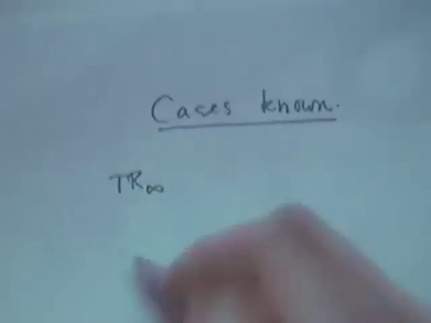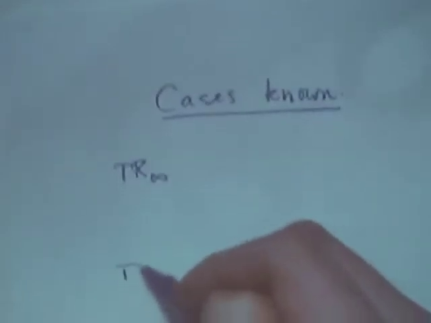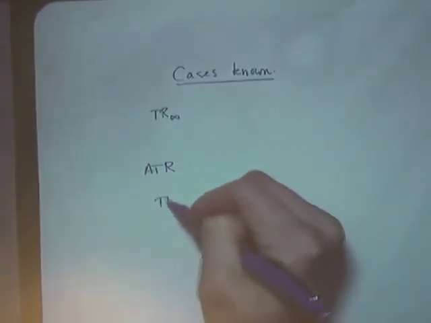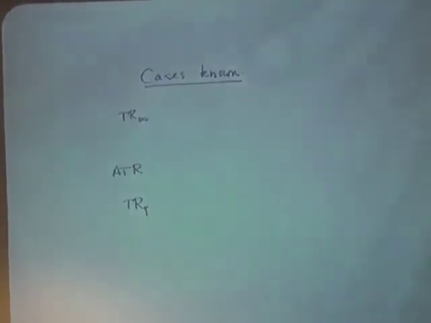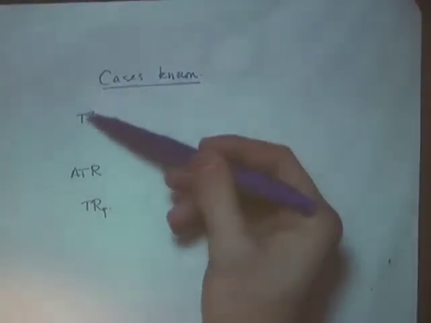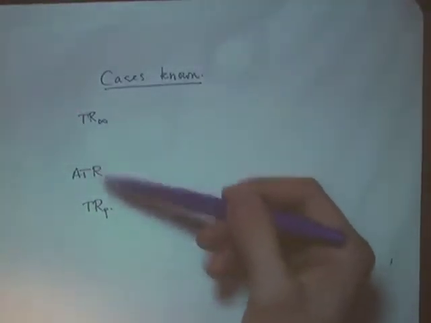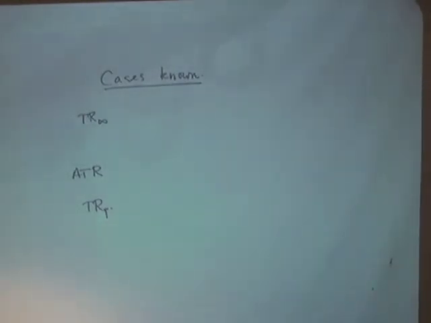So recall we divided everything up into three cases: TR infinity, ATR, and TRP. The way to parse this is the letters tell you what the signature of the base field is, and the subscript tells you what kind of distinguished prime we're looking at.